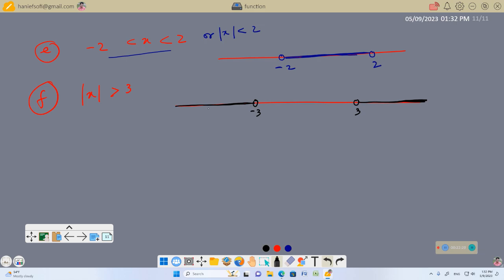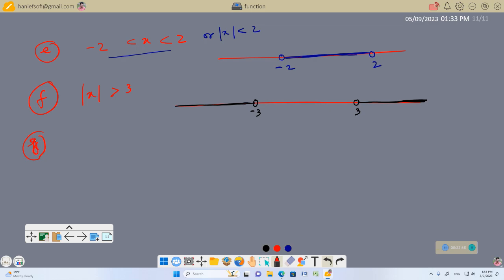So all the distance of all the points to the left of minus 3 is greater than 3. So this mathematically means these points to the left of minus 3 and to the right of plus 3, excluding minus 3 and plus 3.